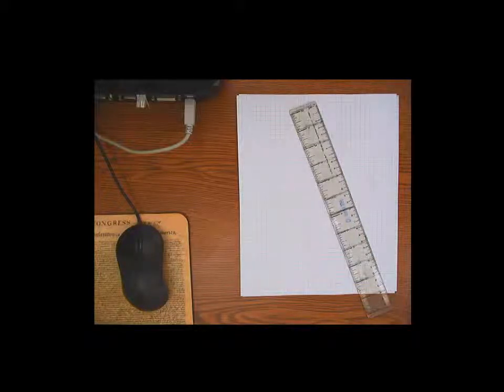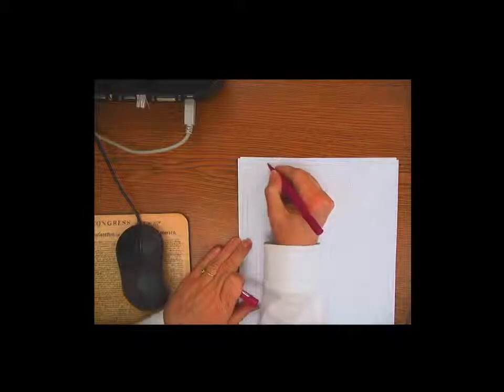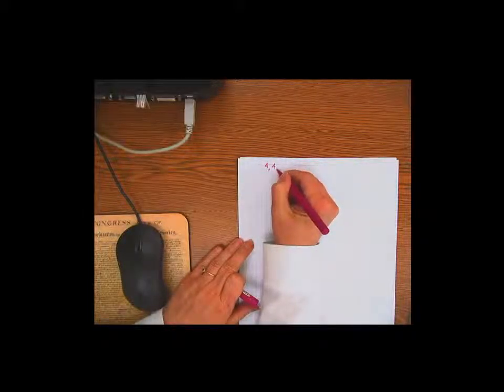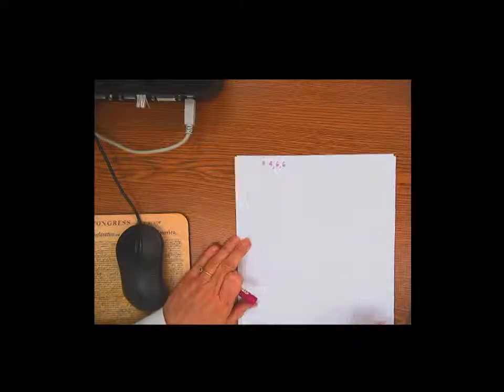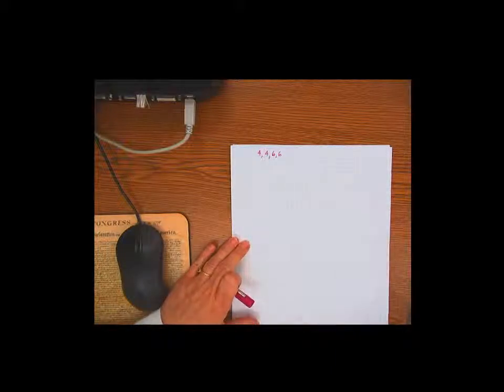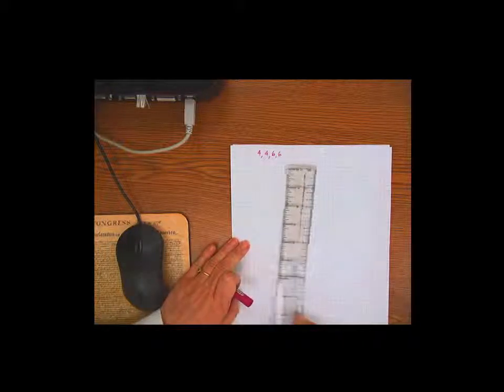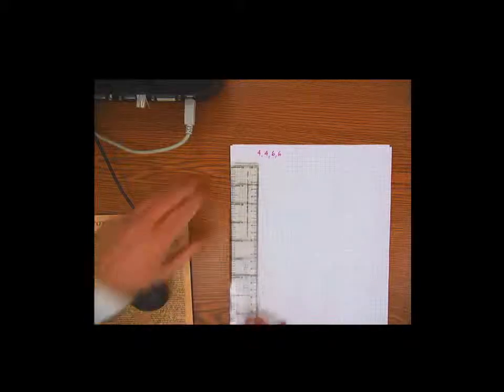So the first thing that we're going to do is try and build a shape that has sides of 4, 4, 6, and 6. Now, since it's kind of hard to see the graph paper, I'm going to use the ruler and centimeters as my unit. Okay, so let's start.